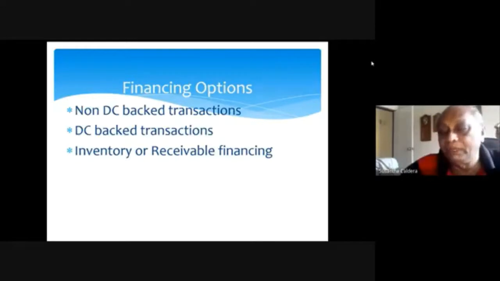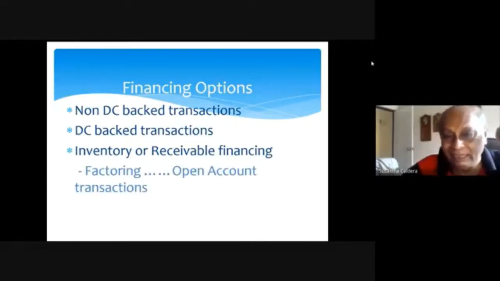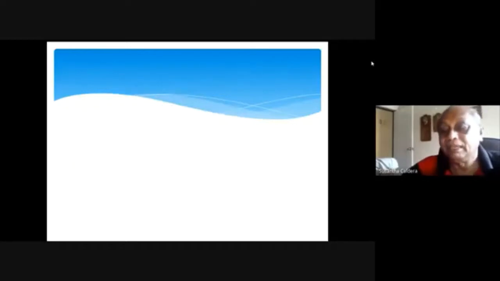Factoring, open account transactions. Receivable financing, invoice financing. Every bank does invoice financing. LC bills we finance, collection bills we finance.